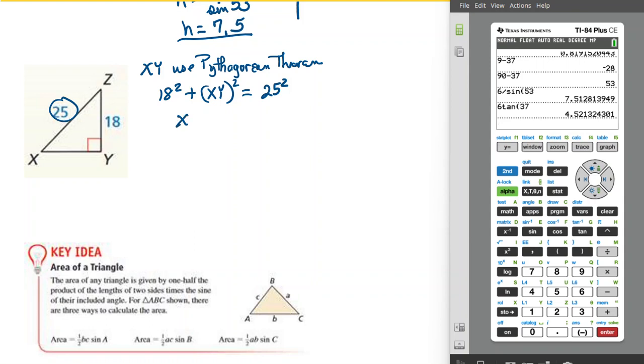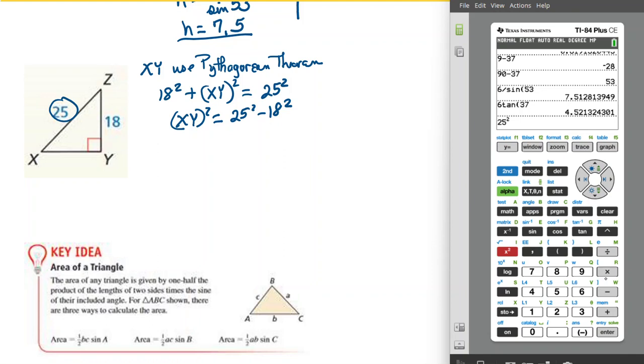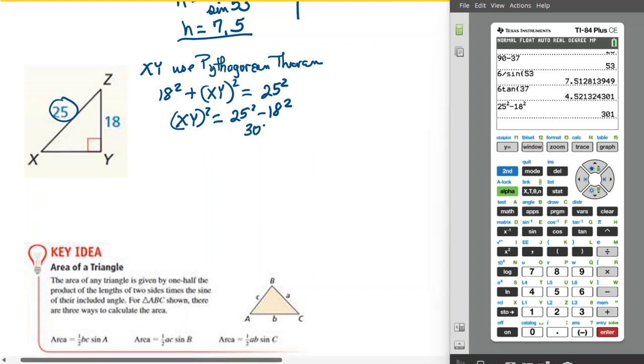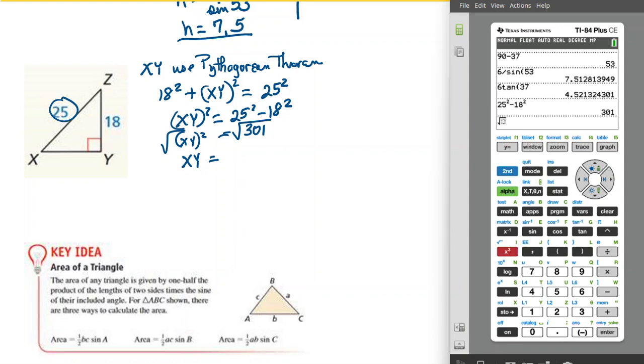So I'm going to have xy squared equals 25 squared minus the 18 squared. So let's do that math first. Okay, we're looking good. So I'm going to hit enter and I get 301. So I'm going to take the square root. So the line segment xy is the square root of 301.